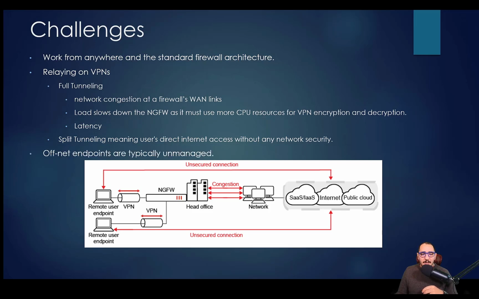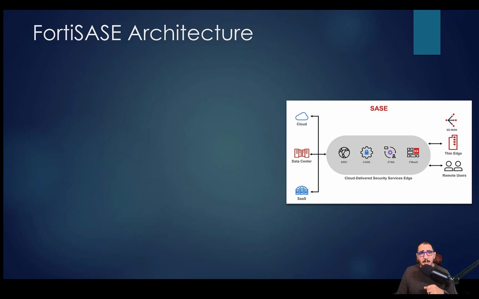Another thing is the off network endpoints are typically unmanaged. So the challenges that are described, the standard firewall architecture, the VPN, and the practice of working from anywhere, can be overcome with the use of the FortiSASE architecture.